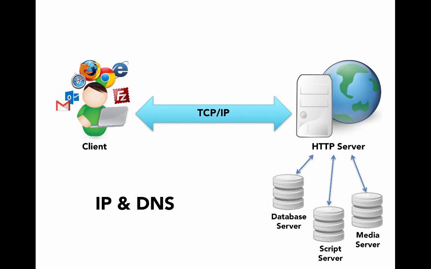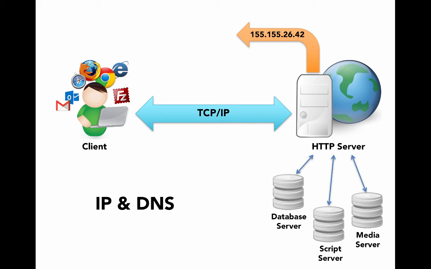Along with TCP/IP is what is called a domain name server, or DNS for short. An IP address is a numerical label assigned to each device. We talked about this briefly in the other video. Think of it as like your house or apartment number. Most common is referred to as Internet Protocol version 4, or abbreviated IPv4.